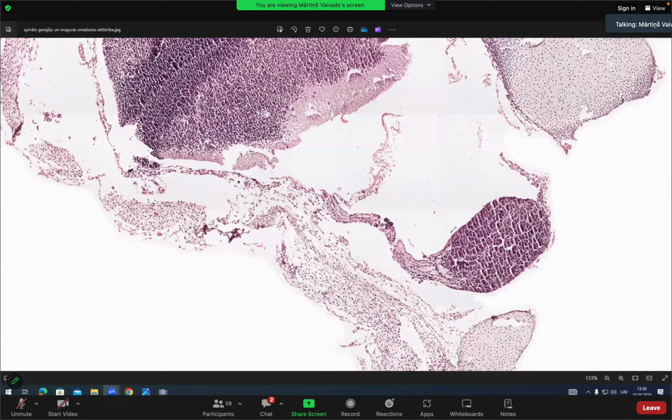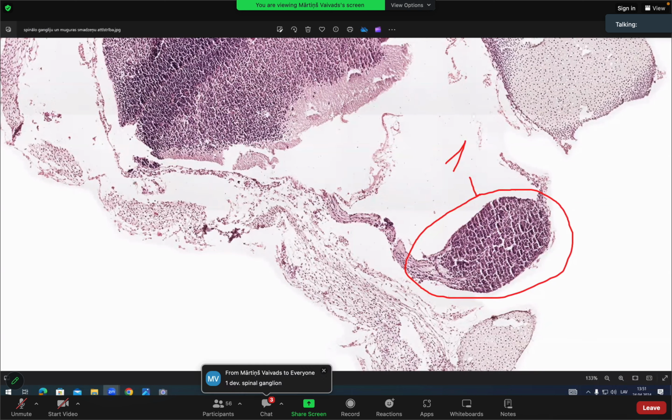Okay, spinal ganglion. You can see this is the developing spinal ganglion. So one developing spinal ganglion. I will write in the chat here. And what's special here? Number two, you see there's big cells inside.